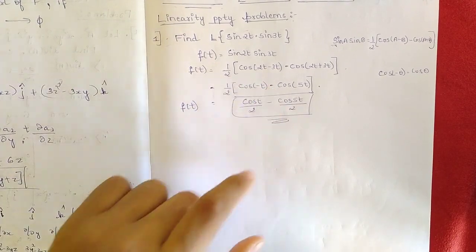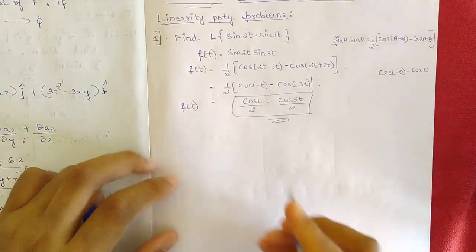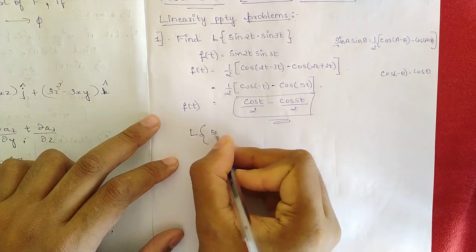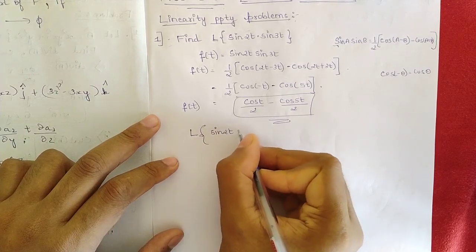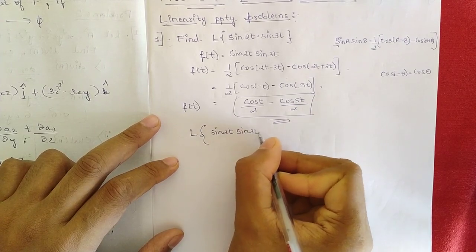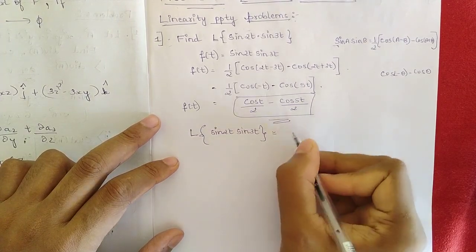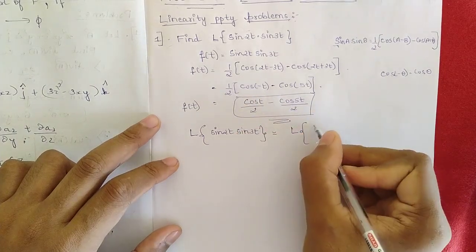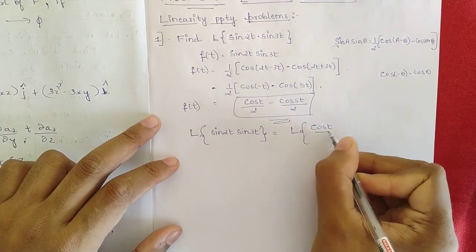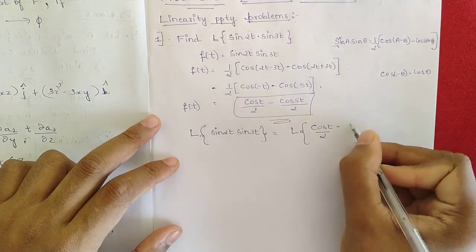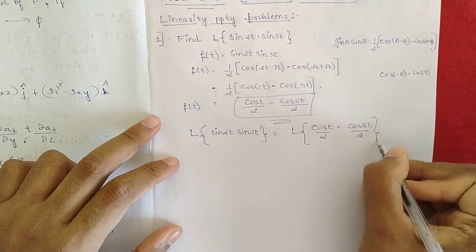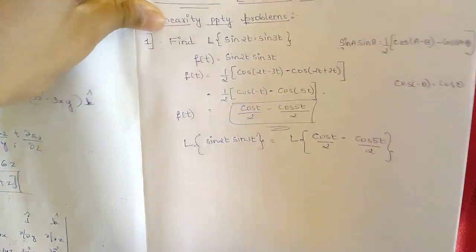We should be taking this Laplace transform, and let us see what we would be getting. Now the Laplace transform of sin 2t into sin 3t is given by the Laplace transform of this term, that is cos t by 2 minus cos 5t by 2, right?